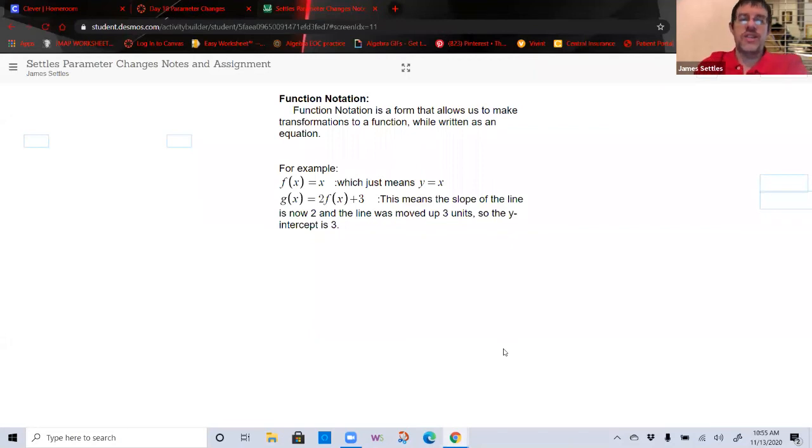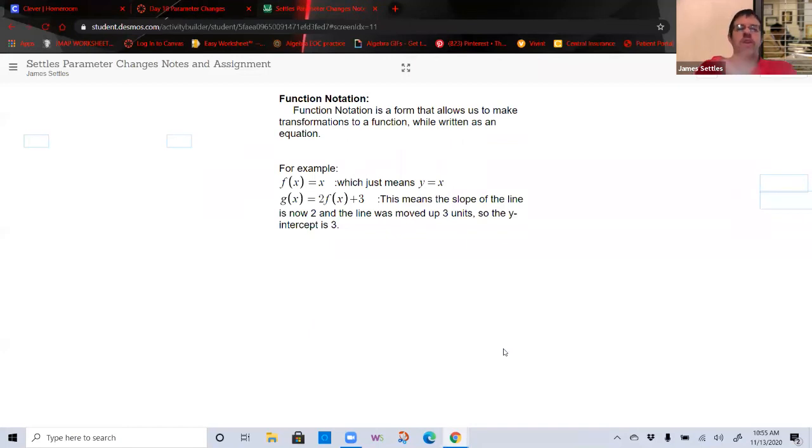Okay, so on this one, notice where it says g of x is equal to 2f of x. Well, that's just kind of weird right there, isn't it? But because f of x is really just x, this is just like a normal x right there. So when it says 2f of x plus 3, that's not saying 2x plus 3.